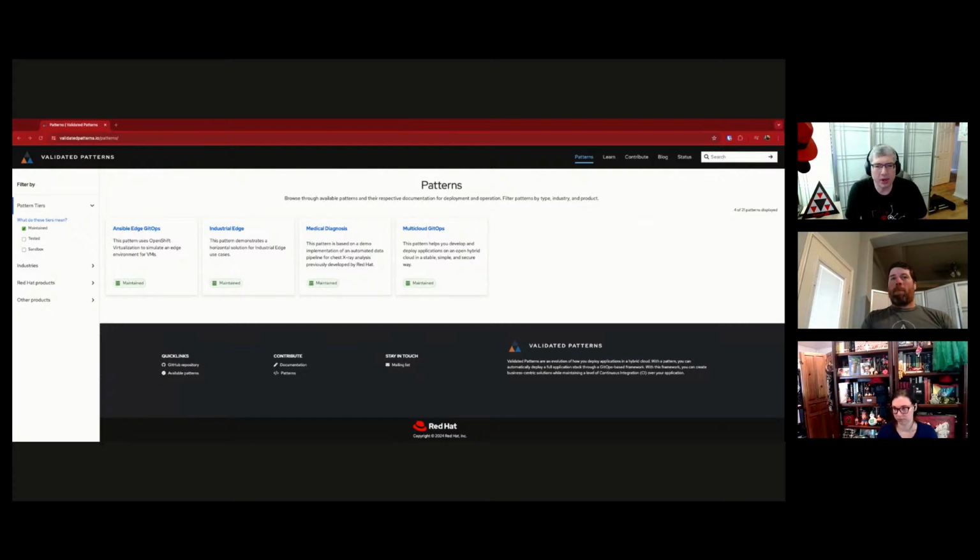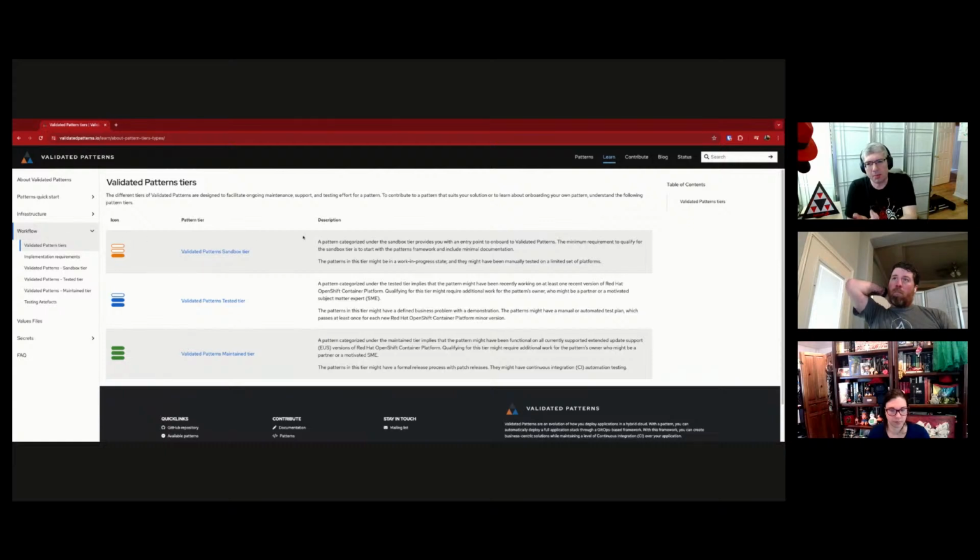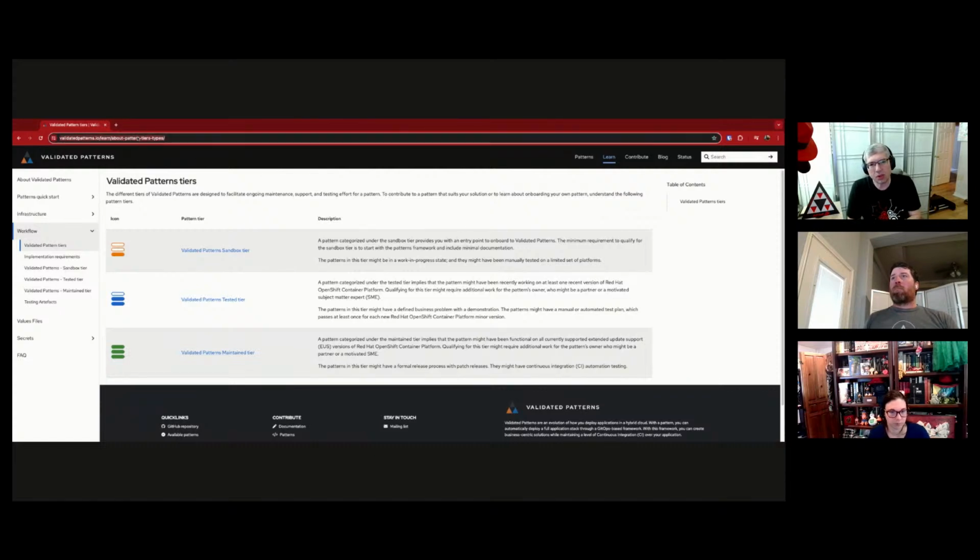The highest level of pattern tier is the maintained pattern tier, which has a number of additional requirements, such as having a full reference architecture diagram, and a script to validate that the pattern is installed correctly. By script in this case we mean a narrative that describes what the different things are that are expected to work and not work, and how those things are supposed to look.